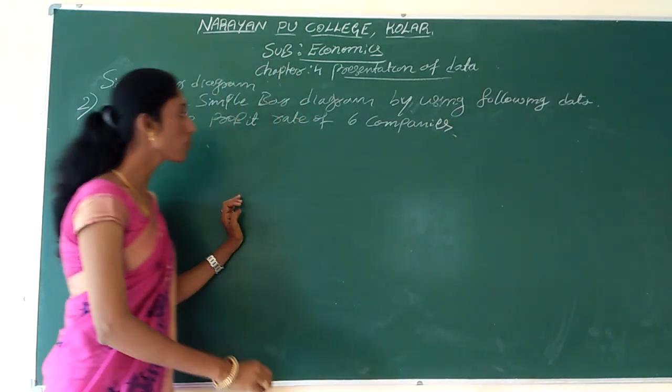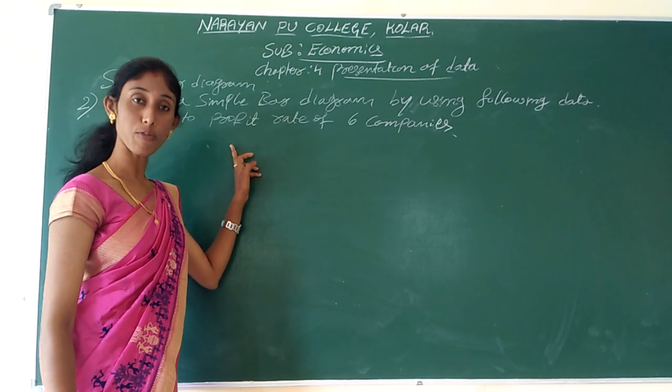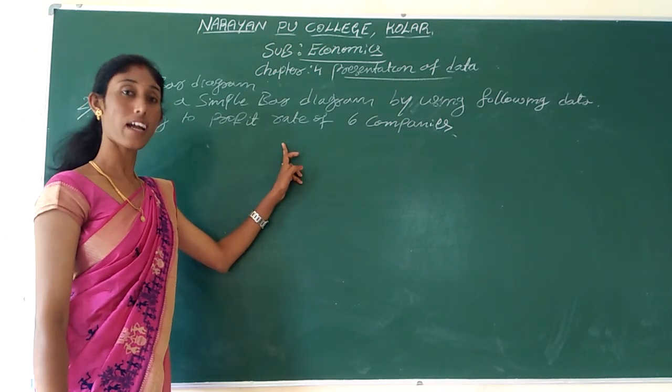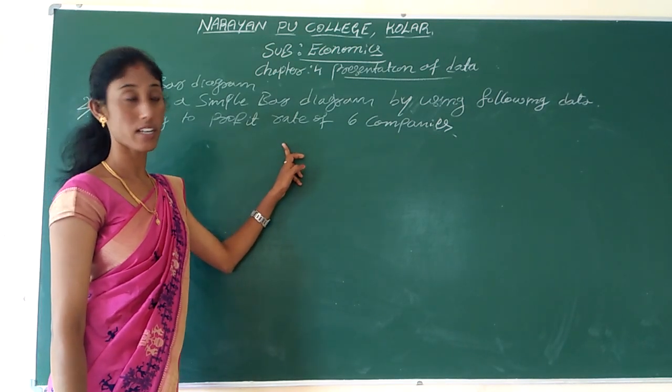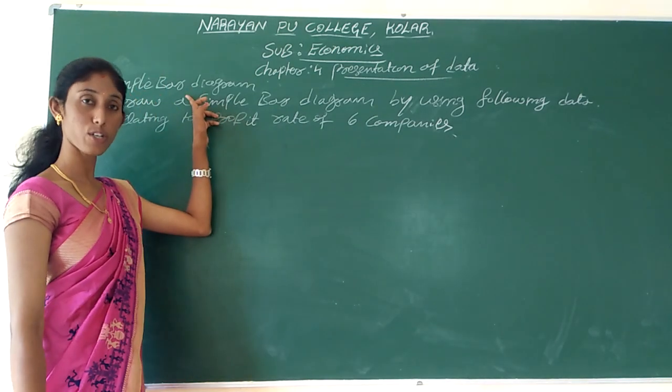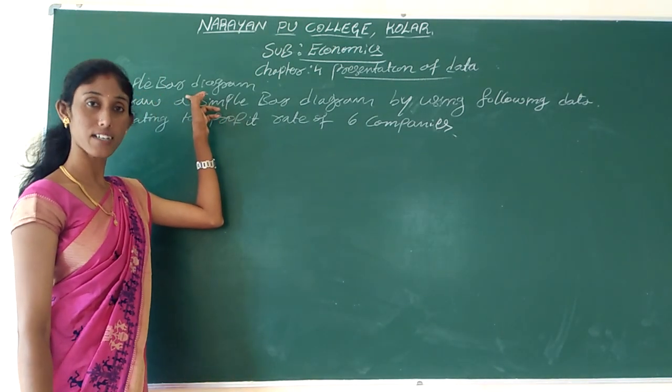Here they will give you the profit rate or the profit level of 6 companies, and by using that particular data we need to construct a simple bar diagram.